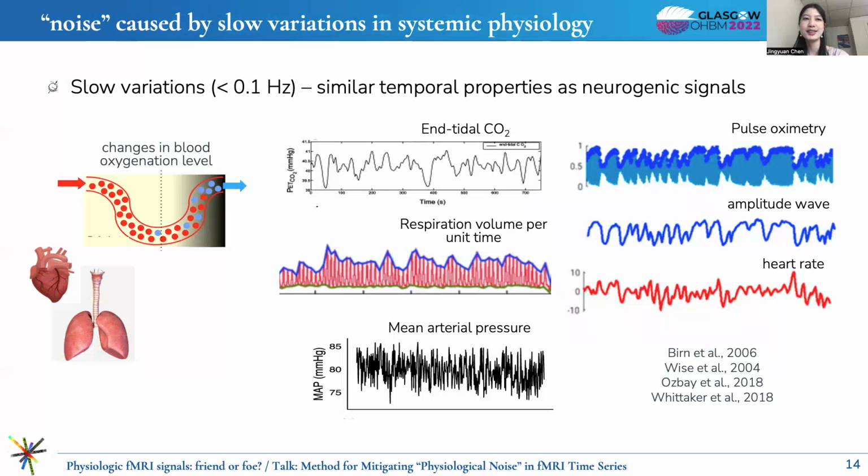And then because they will cause signal changes from similar mechanisms as the neurogenic responses, basically blood oxygenation level dependent mechanisms, it's very hard to tease them apart from those neuronal fluctuations of interest.